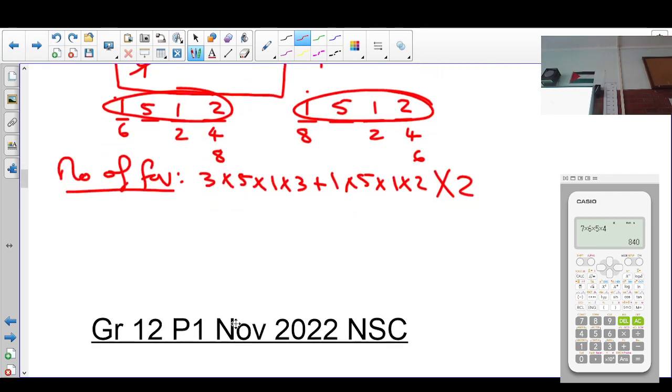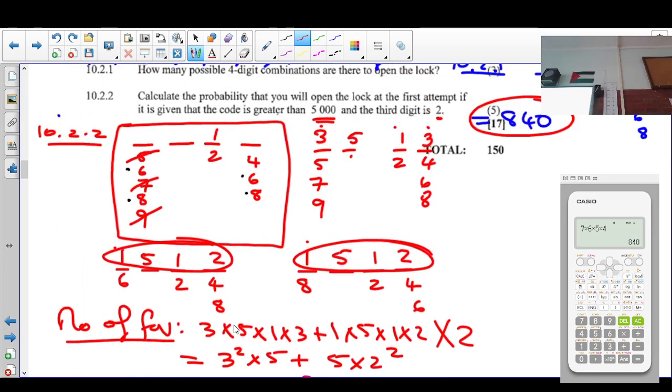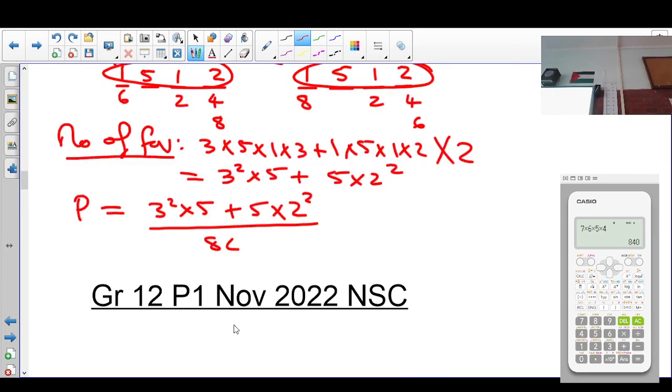Which can be simplified into 3 squared times 5 plus 5 times 2 squared. So the probability is simply 3 squared times 5 plus 5 times 2 squared, over 840.